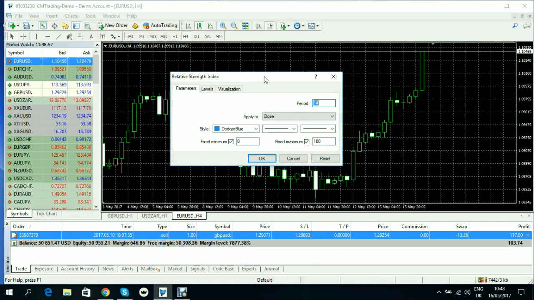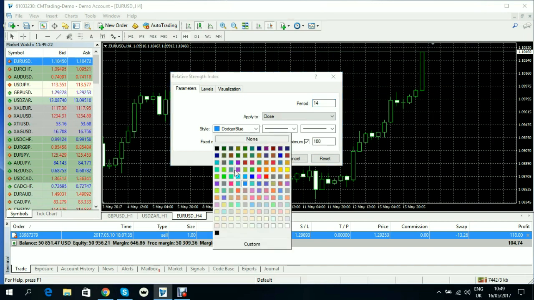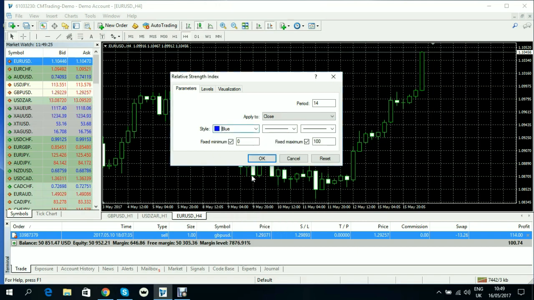It is always best to use the default, and the default for the relative strength index, the RSI, is period 14, apply to close, and then you can choose the style. On MT4, anytime you see style, it means colors, so you can choose any color of your choice, and here you can actually increase the font size of the RSI.